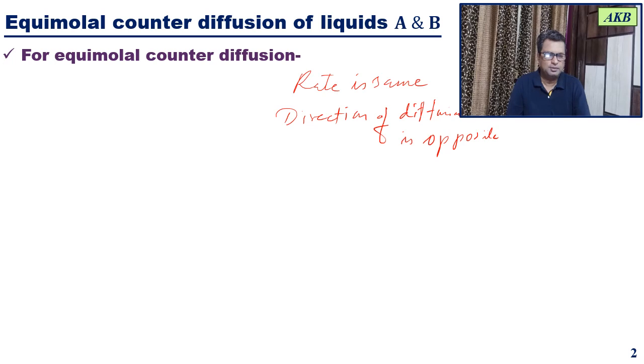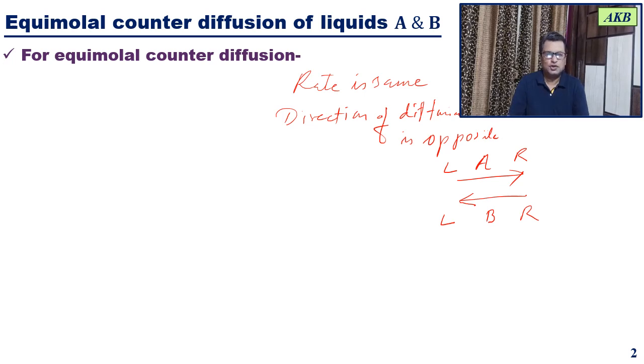Okay, so that means for these two components, if component A is diffusing in this direction, that is from left to right, then component B will be diffusing at the same rate but from right to left. When this happens, we say that there is equimolal counter diffusion in the solution.